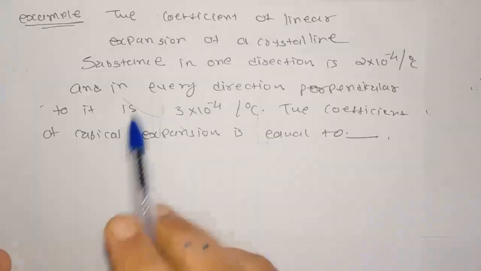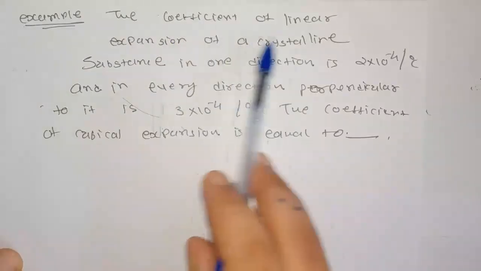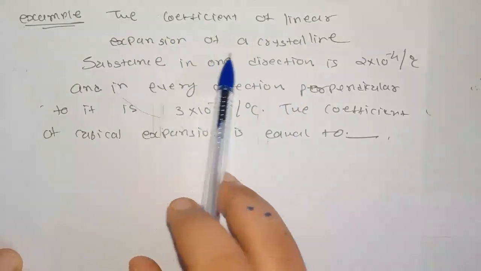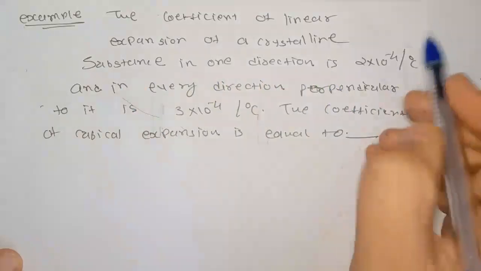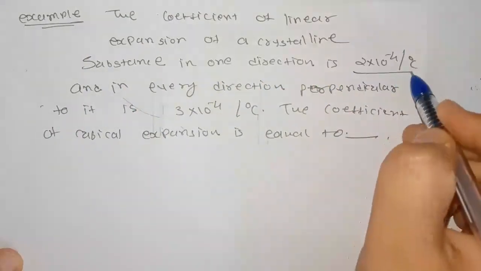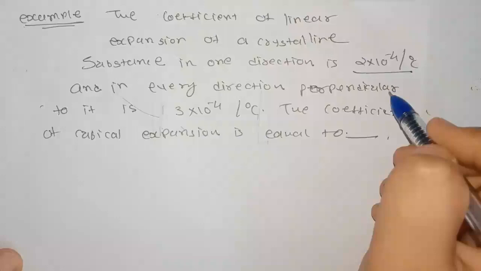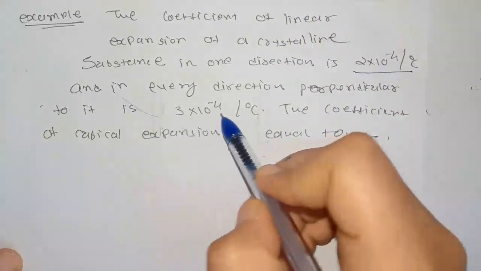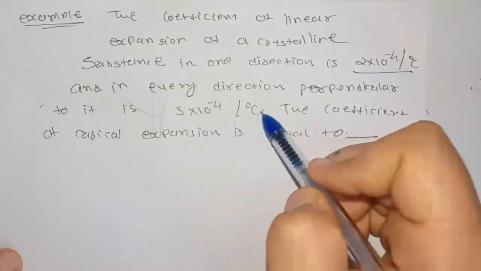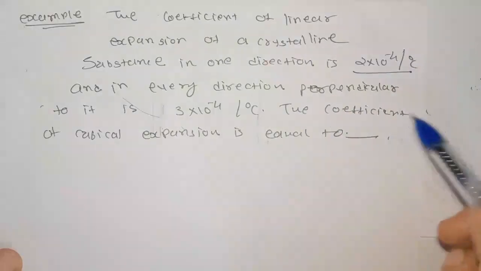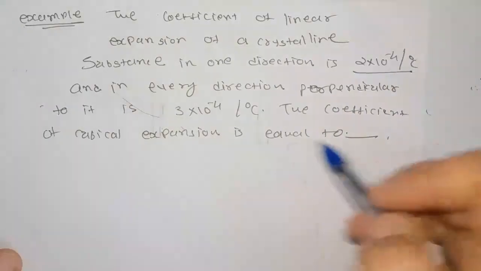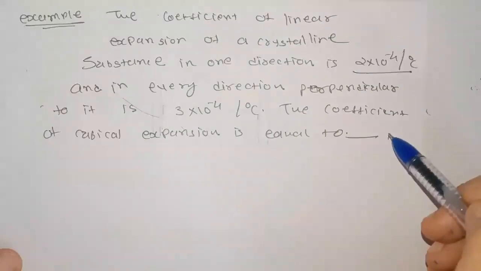In this example, the coefficient of linear expansion of a crystalline substance in one direction is 2 into 10 power minus 4 per degree Celsius, and in every direction perpendicular to it is 3 into 10 power minus 4 per degree Celsius. We want to find the coefficient of cubical expansion.